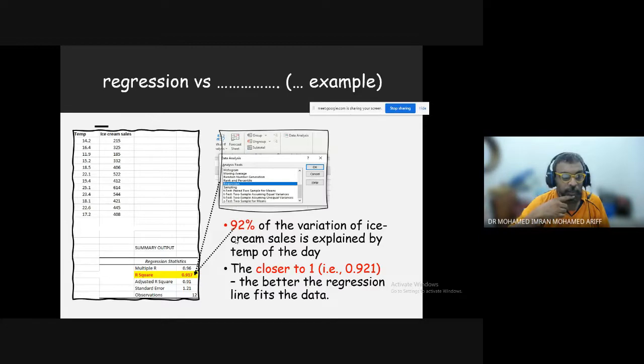Okay, so meaning if the temperature goes up sikit, it's going to affect the sales by about 92%. Okay, 92%. Okay, so this is how you do it. So this is what it means by regression pula. Always remember, kalau regression, we're looking at R.